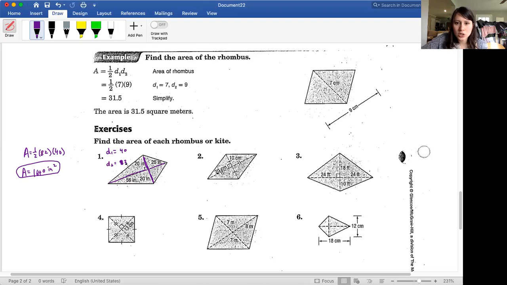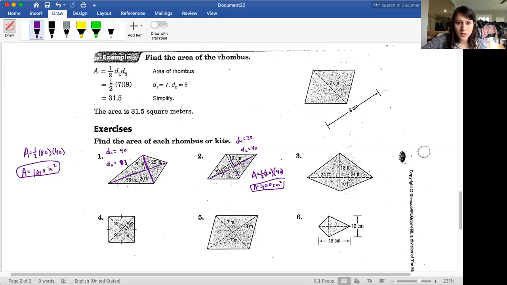Number 2, we've got congruent parts of our diagonal, so 10 and 10, 20 and 20. That means diagonal 1 is 20 and diagonal 2 is 40. So I'm going to write this as 1/2 times 20 times 40, and when I multiply that out, the area equals 400 centimeters squared. Number 3 is likewise the same thing.